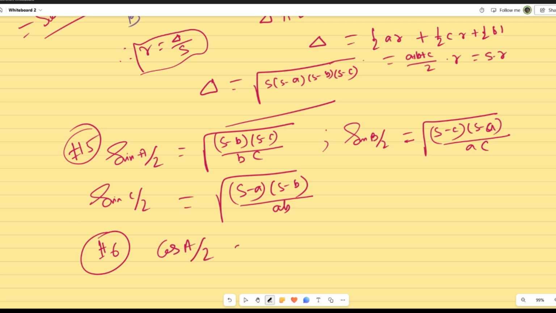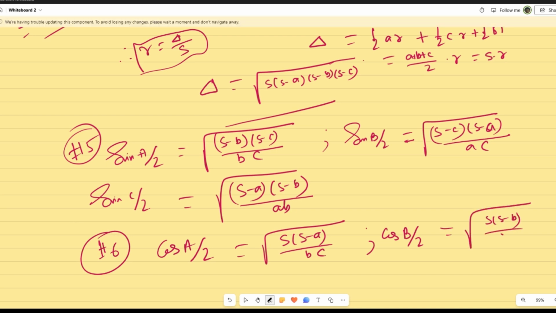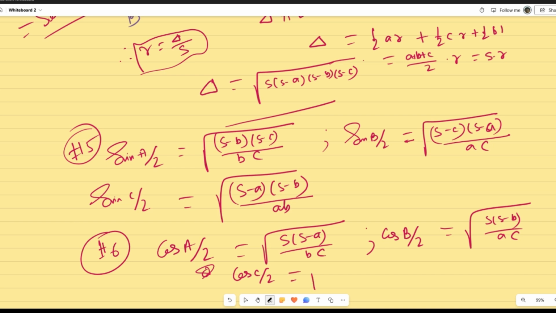Just opposite. The remainder will be the same. S into S minus A by BC, cos B by 2, S into S minus B by AC, and cos C by 2, S into S minus C by AB. Remembering this formula will not be very difficult. So I guess you will be able to apply it if required.